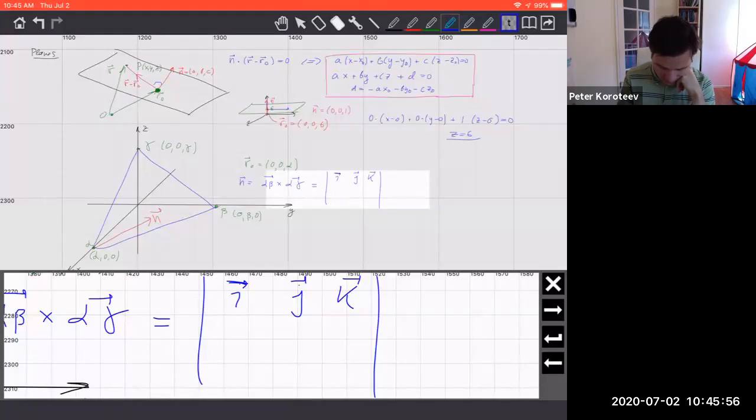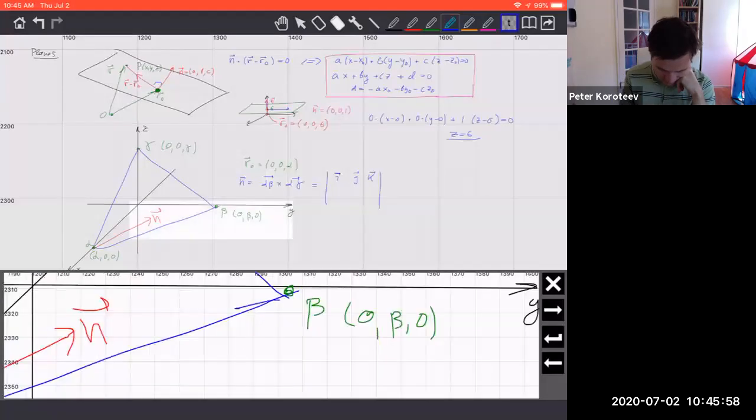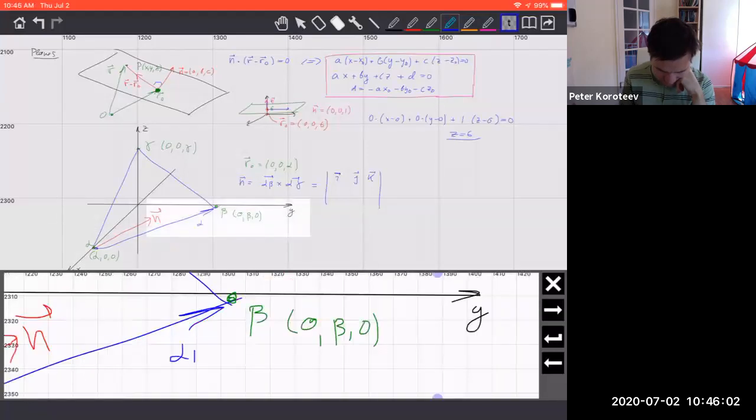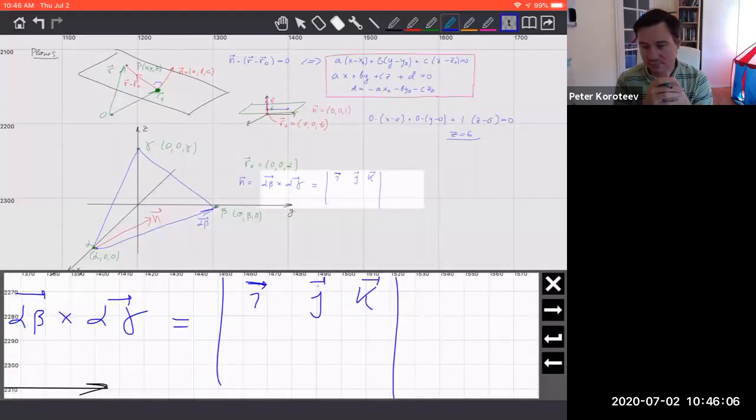It's just the vector that goes from alpha to beta. What are its coordinates? Minus alpha, beta, 0. Sure, absolutely right.